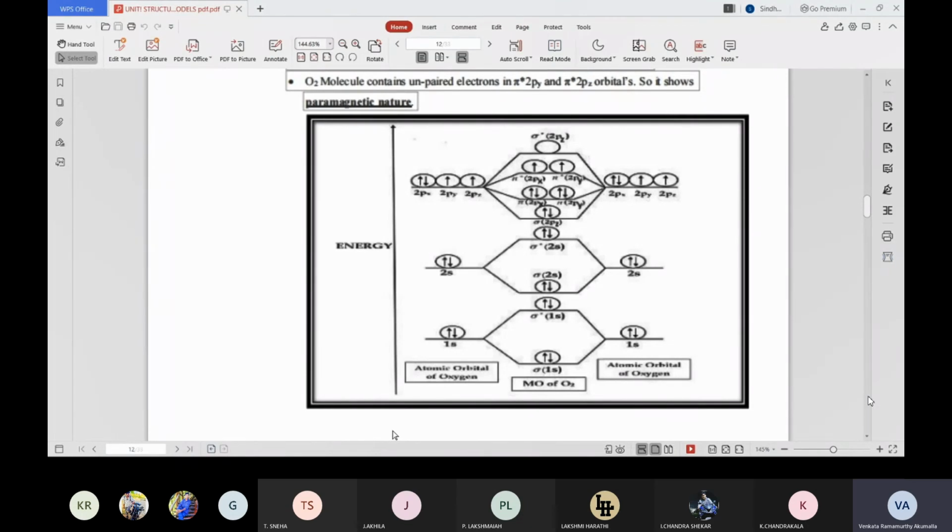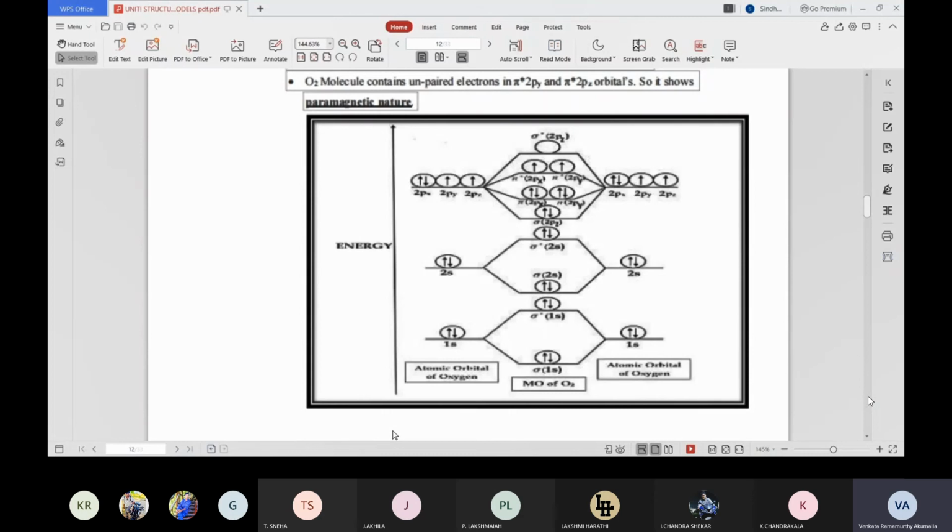Another point is bonding: there are two types, bonding orbitals and anti-bonding orbitals. Bonding orbitals are denoted by σ and π, and anti-bonding orbitals by σ* or π*.